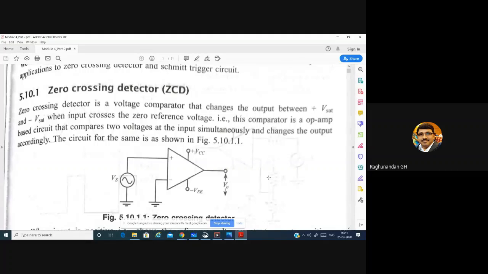So when it goes beyond the level, in the BJT CE configuration experiment we have done, we used plus VCC as 12 volt. If you try to increase beyond 12 volt, your output will start clipping and will look like a square wave.